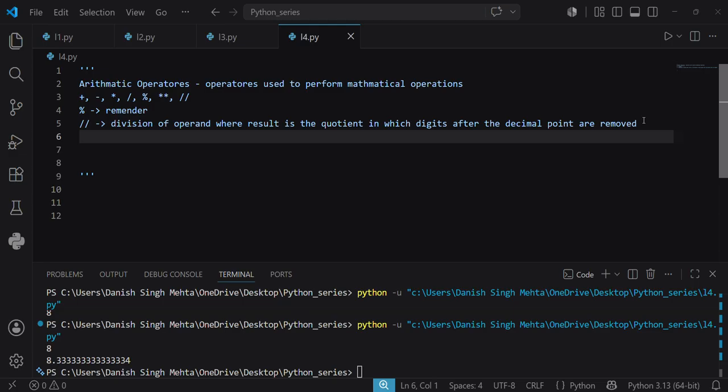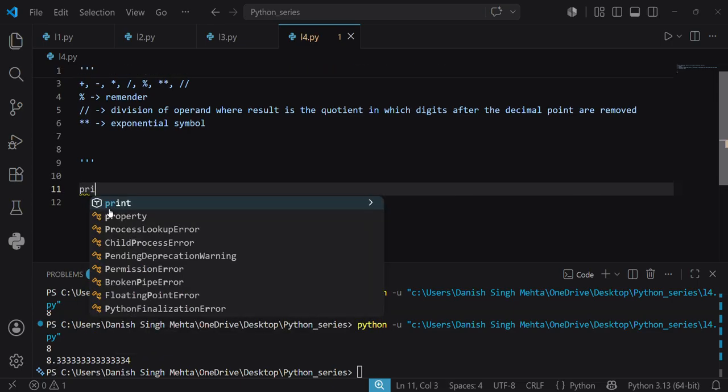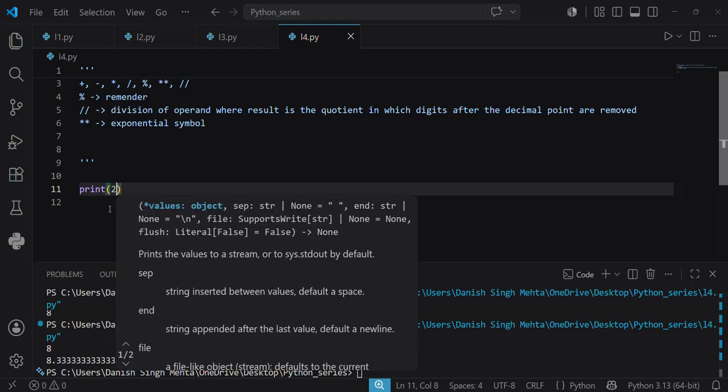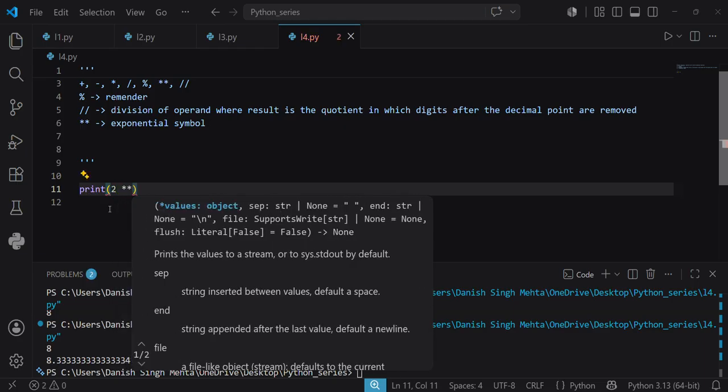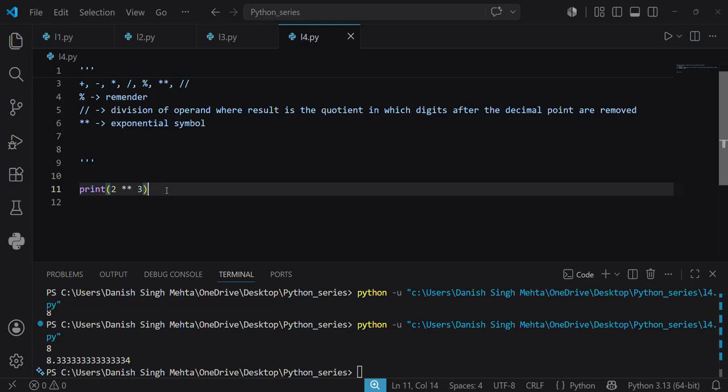And what about this symbol? It is an exponential symbol. Basically, exponential means if I write print 2, then exponential symbol 3, then it means 2 to the power of 3 and its result will be 8.